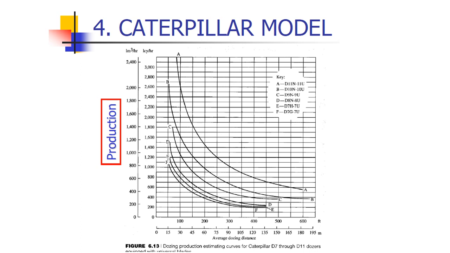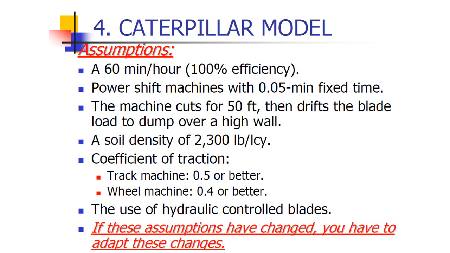And again, this production is ideal production in terms of loose cubic meters per hour or loose cubic yards per hour. So this curve is showing us that the 7U is higher than the 7S, or 8U is higher than 8S. Each U blade, even when attached to the same dozer, will give us a better production than the S counterpart, and it could cover a larger average dozing distance.